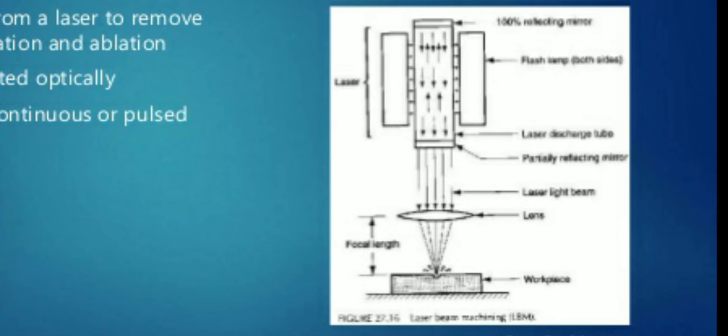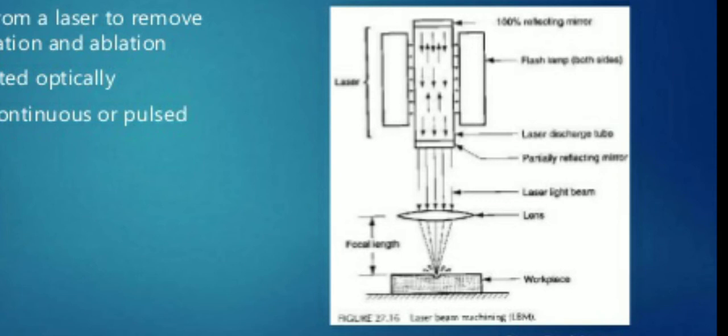The main objective of laser beam machining is that electrical energy is converted into light energy, and that light energy is converted into heat energy. So this is the objective of laser beam machining.